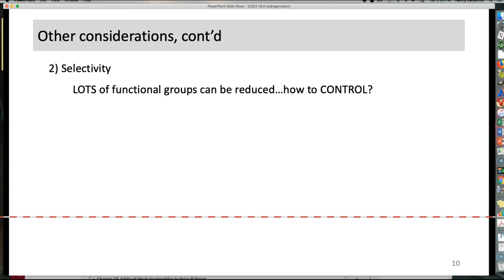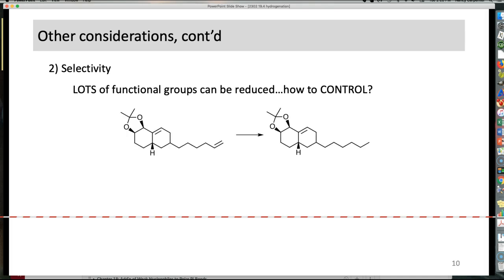Okay, so I'm kind of hinting at selectivity. If hydrogen gas likes to react with just about anything with multiple bonds, how can you control it? And this is actually not really out of the question. If you look at the starting material on the left, you can see we have two alkenes, one monosubstituted, one trisubstituted. They look fairly similar, but think like a molecule, think like a model set.